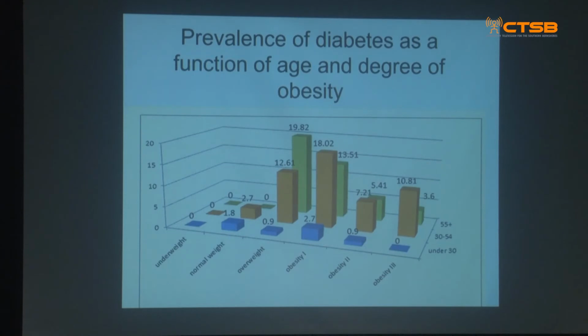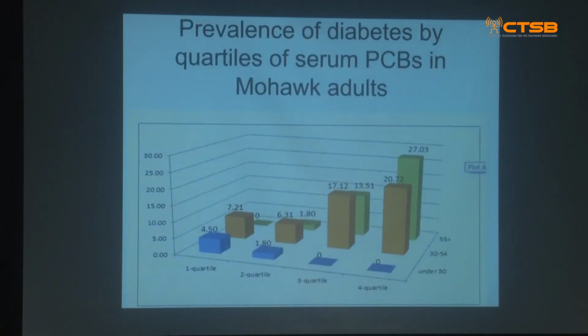What about diabetes and PCBs? Dramatic. Now again, you see the same things we've seen all along, more striking in older people than younger people, but this is by quartiles of PCB concentration. And in the highest group, the highest quarter of people with PCBs, independent of their age, they are at greater risk of developing diabetes.